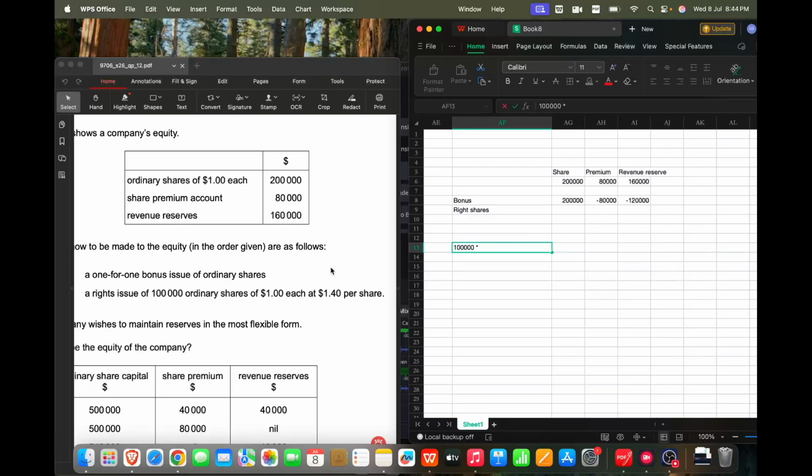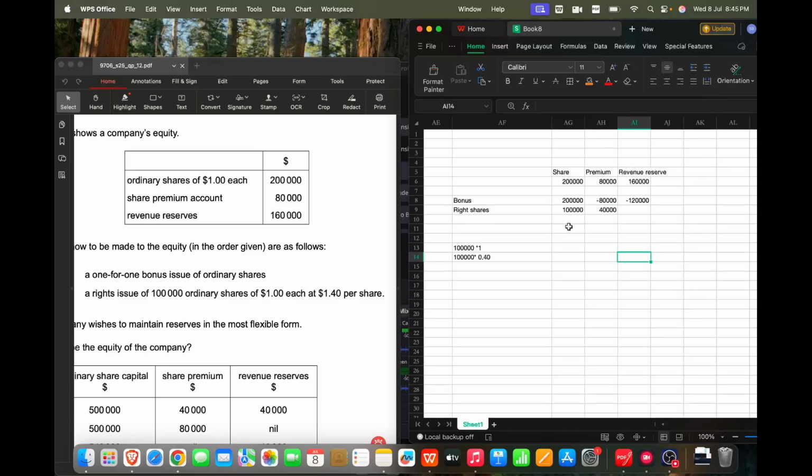Share amount is at face value, which is $1, and the remaining 40 cents will be for premium, because the $1 share we are issuing at 1.40. So $1 into 100,000 will give you 100,000 in the shares, and 100,000 into 0.4 will give you 40,000, that will go in premium.